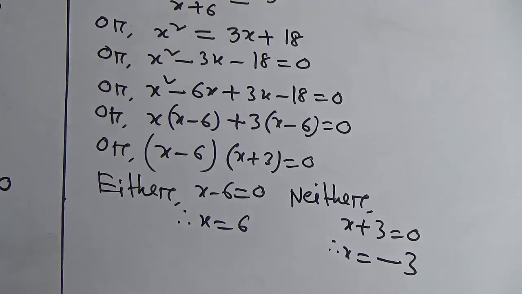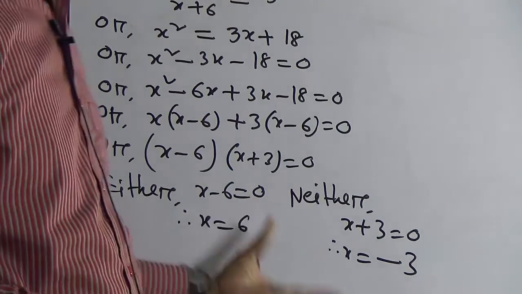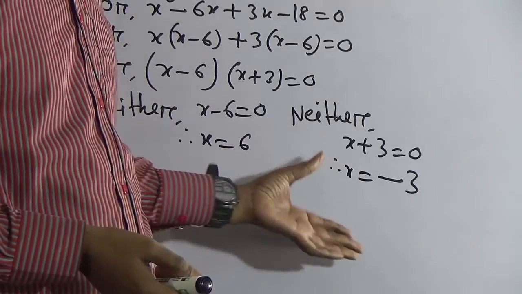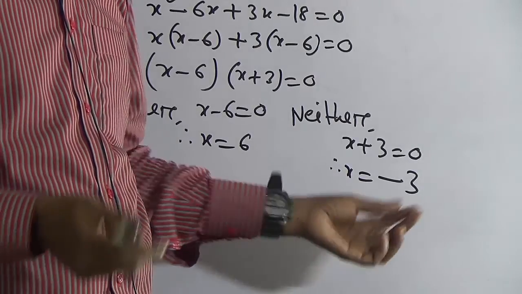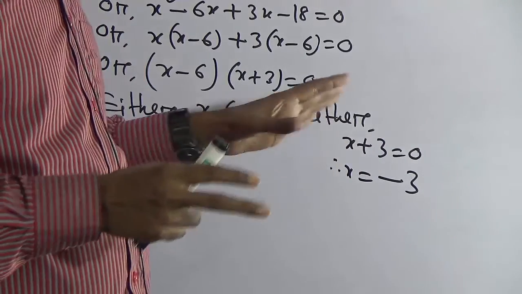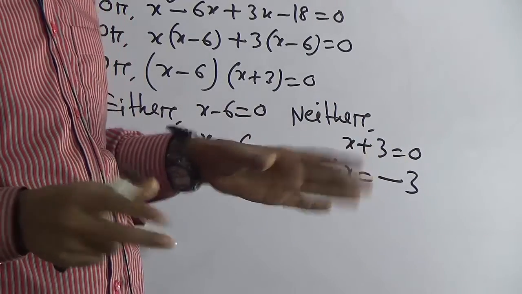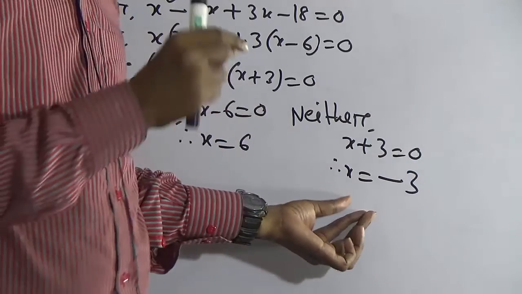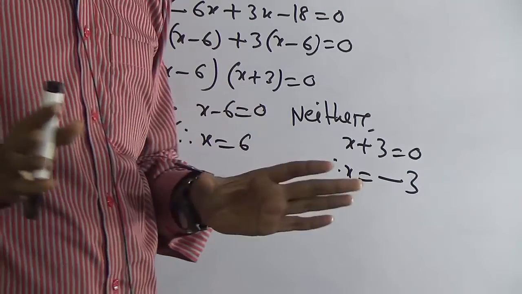Student, we know for logarithm, x equal to minus 3 is not possible. There is no logarithm for any negative value.